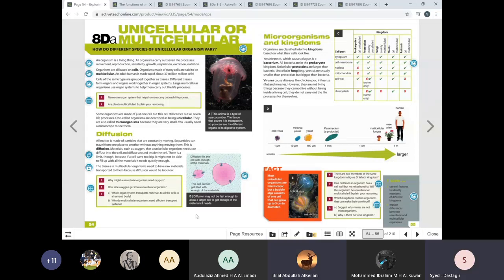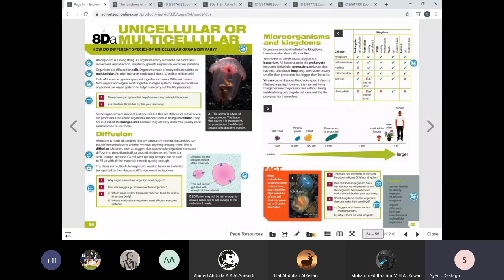Now, our learning objective says, how do different species of unicellular organisms vary? What does vary mean, someone? How are they different, or how do they change depending on the organism?